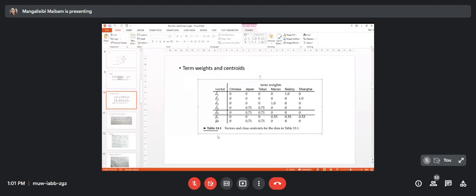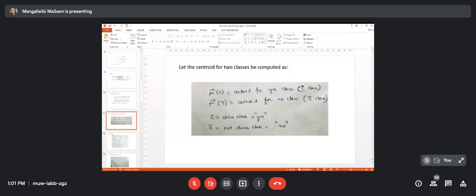First, we have to find the IDFs. IDF is inverse document frequency. Since I told you, in Rocchio classification we have to find the centroids for two classes according to this example: centroid for the yes class or China class, and centroid for the not China class. These two classes we can also represent by variable names C1 and C2.